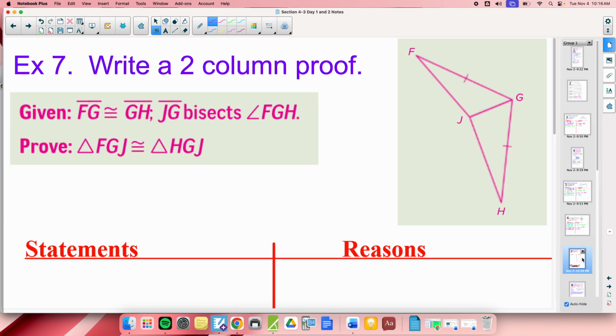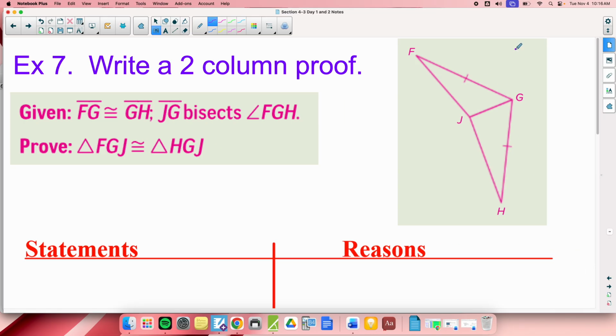One more. The last thing that we haven't talked about is we also can have where a segment bisects an angle. Okay, so let's write down our given first. So we have FG is congruent to GH. And if I look there, that's marked.